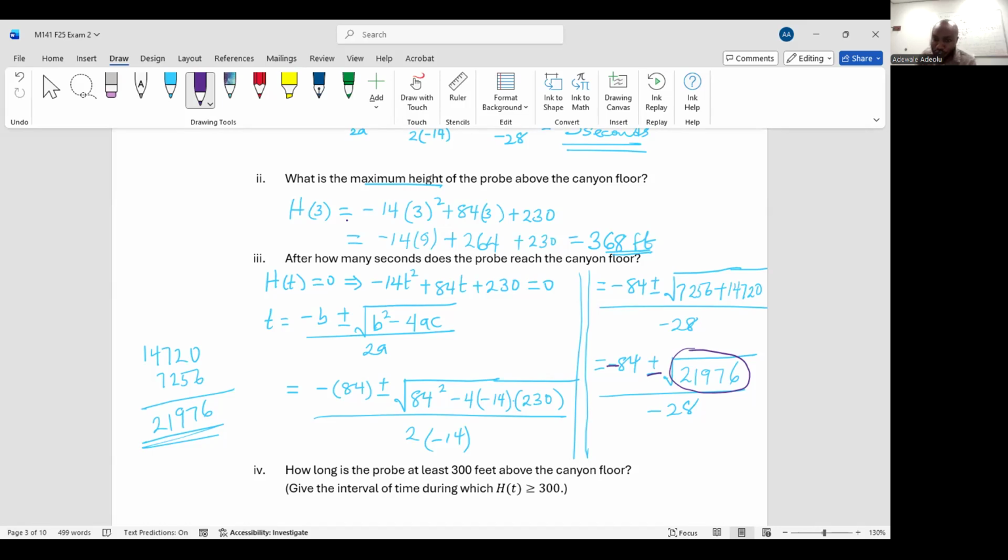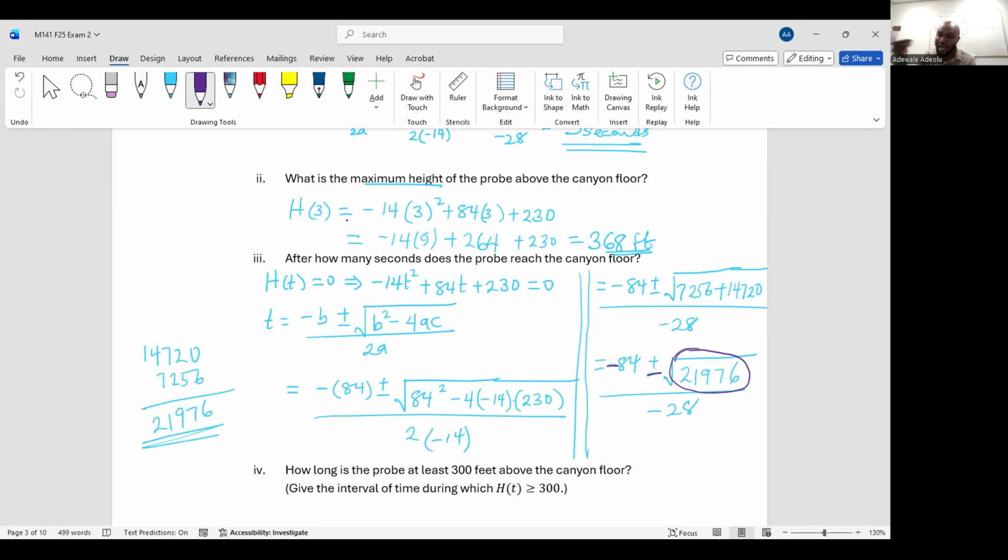So it is going to be more than 84. So I'm subtracting negative 84 from a number that is bigger than 84. That means the numerator will be positive, and I'm dividing by a negative. It means the whole answer will be negative.